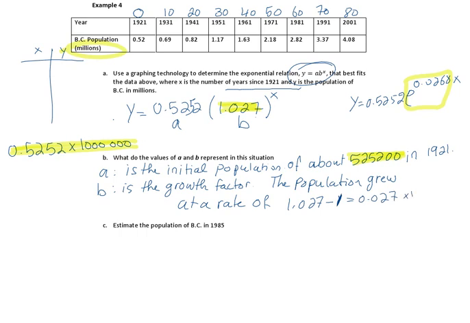If I multiply it by 100, I'll get 2.7%. So that means my population is growing at a rate of 2.7% per year.